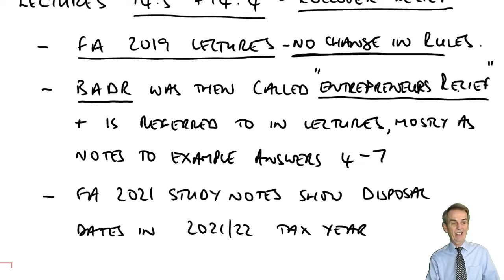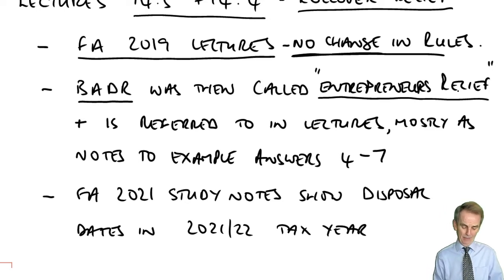So we had Brexit and we thought we would change the names, I suppose. Business asset disposal relief: good English words there, not that French word entrepreneur. But I don't know why they changed the name, in all honesty. But it's now called business asset disposal relief.